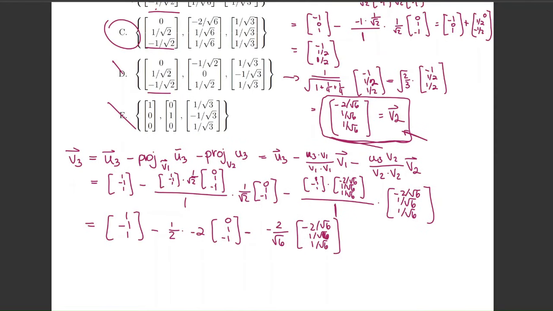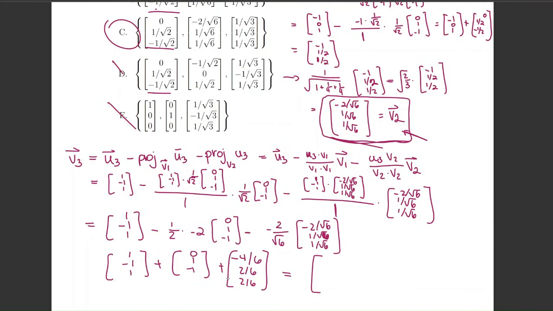Okay, and that should give us 1, negative 1, plus 0, 1 half, negative 1 half, plus 4 over 6, 2 over 6, 2 over 6. Okay, I think I'm reading a negative here. Yeah, okay.